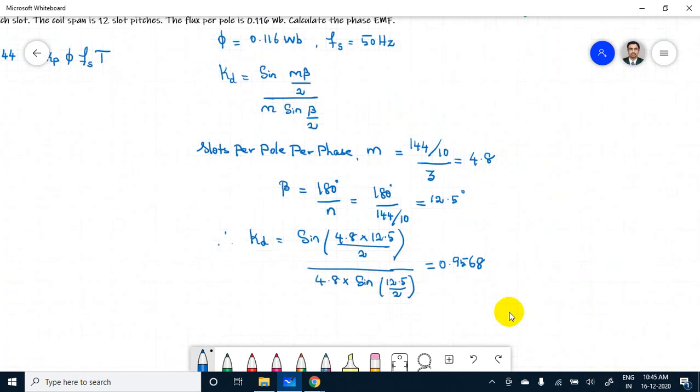And Kp also you want to calculate. Kp is nothing but pitch factor. The formula for pitch factor is cos alpha by 2. Alpha is nothing but chording angle.